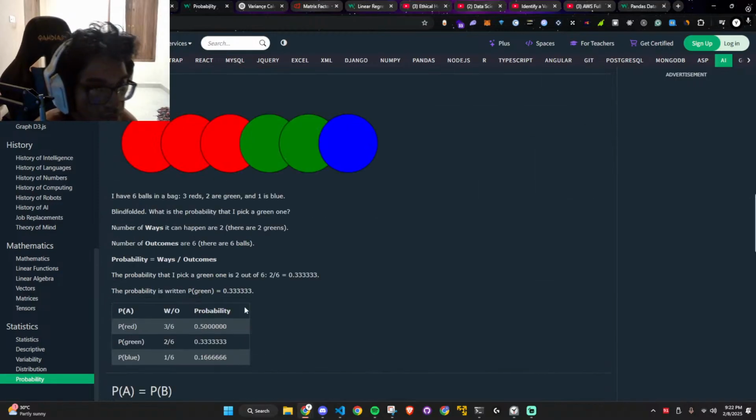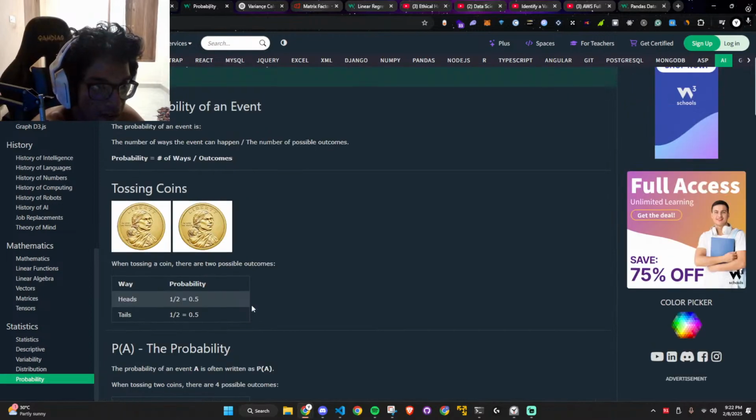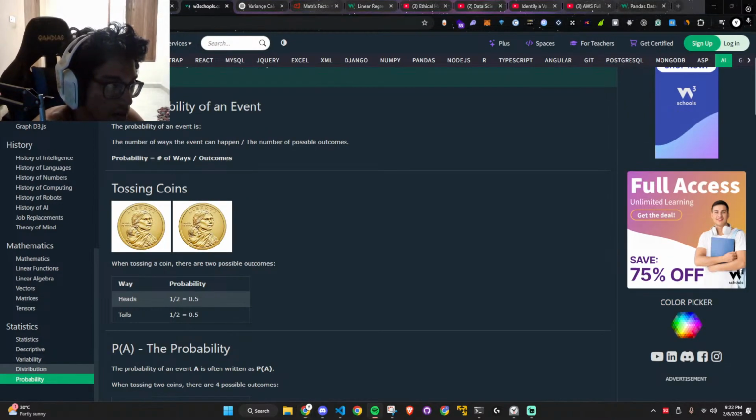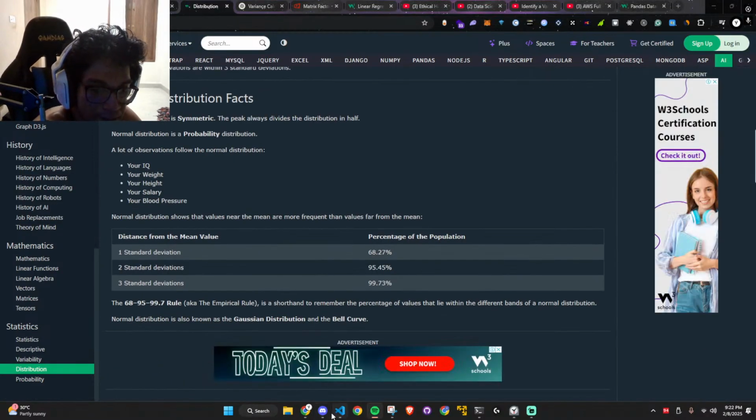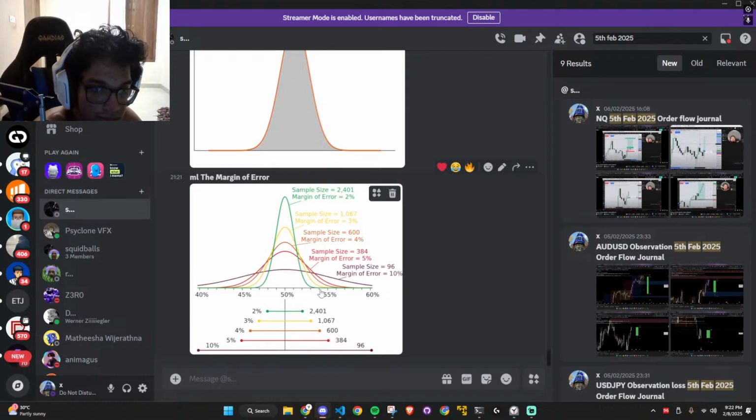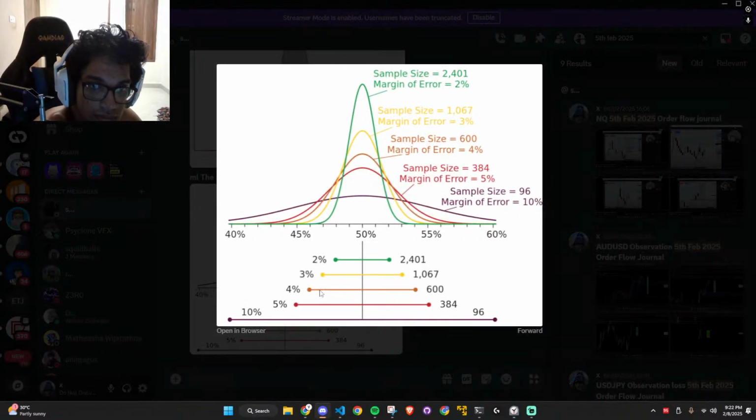Okay. Hold on. Okay, so it seems like as the sample size increases, the margin of error decreases because the bell curve goes up, I guess.